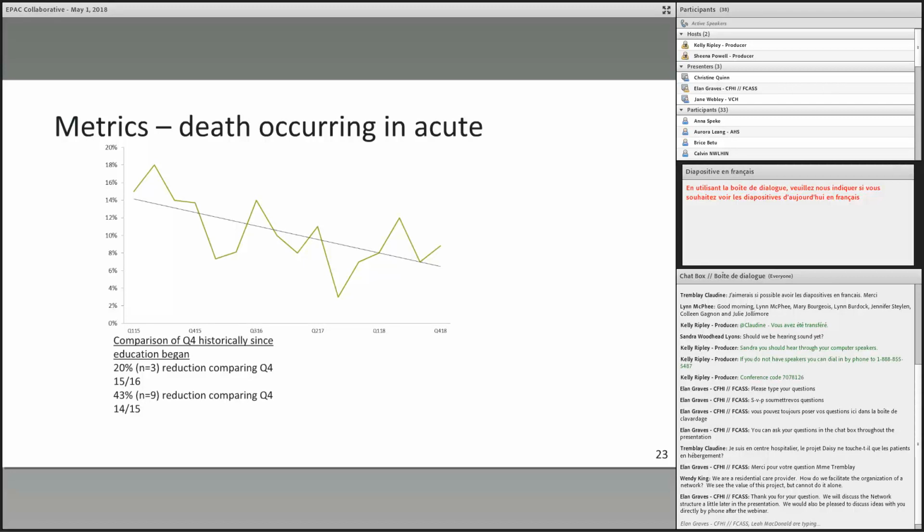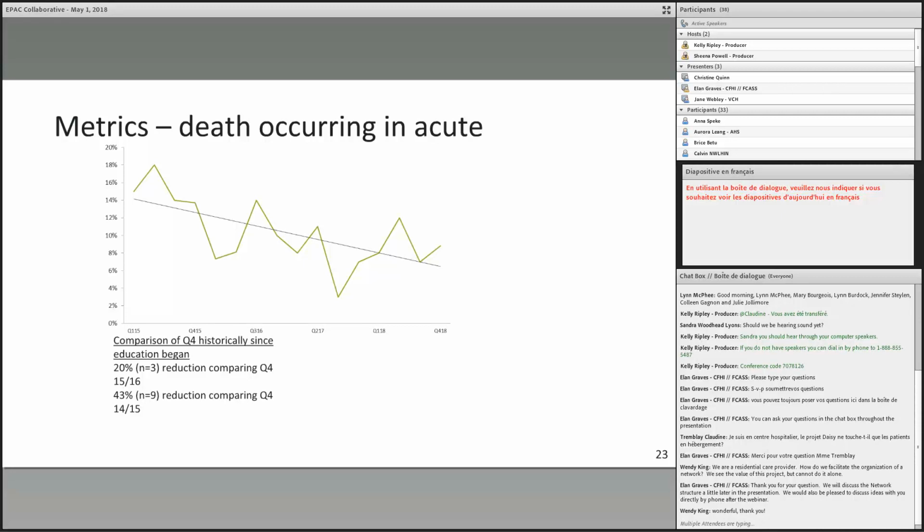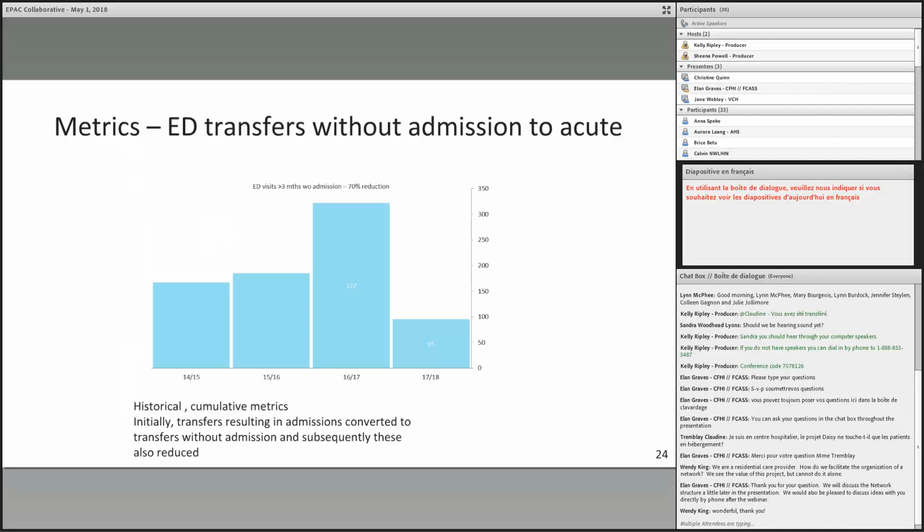There is a 20% reduction comparing Q4 15-16 to the year before, and 43%, which is only 9 deaths but still 43%, comparing Q4 14-15. We now actually have the data for the whole of the 48 sites. This is just the 5 sites on the North Shore, and when we look at the data for the whole 48, it really is quite significant.